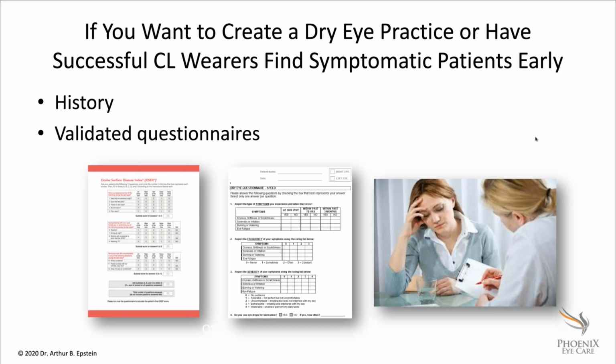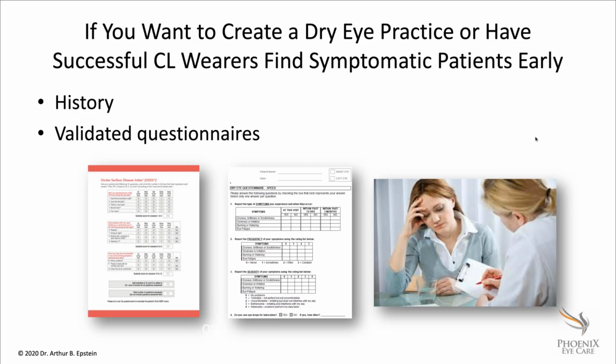medical. Have a technician, an assistant, someone administer a validated questionnaire. It could be an OSDI, the SPEED I like, the DEQ-5, whatever it is you like. You can download these for free on the internet. SPEED is readily available, as is the OSDI. Score it in front of the patient, review it with the patient, reaffirm the patient having dry eye symptoms, and I'm using dry eye loosely.